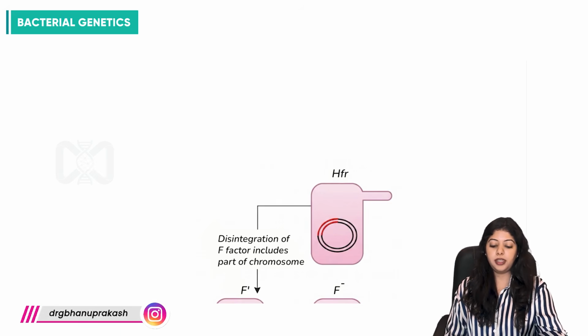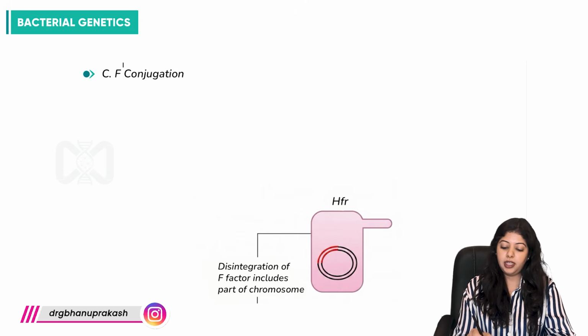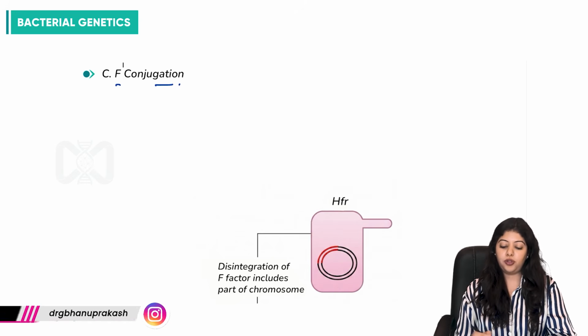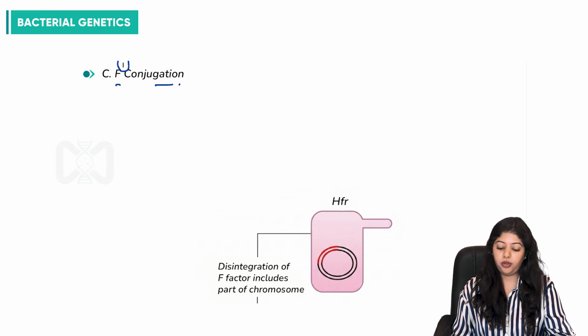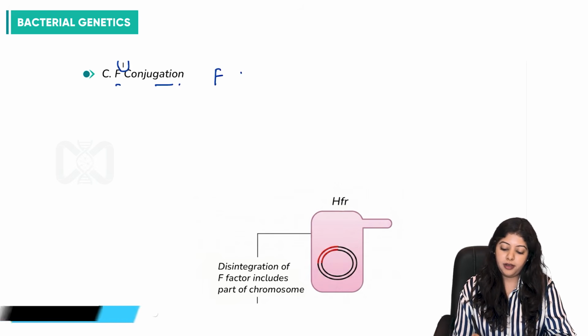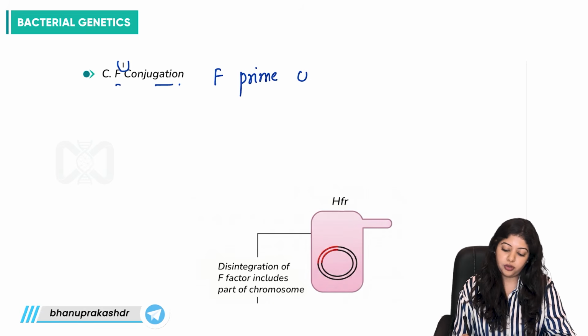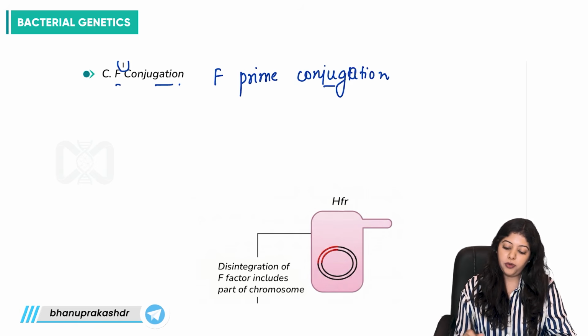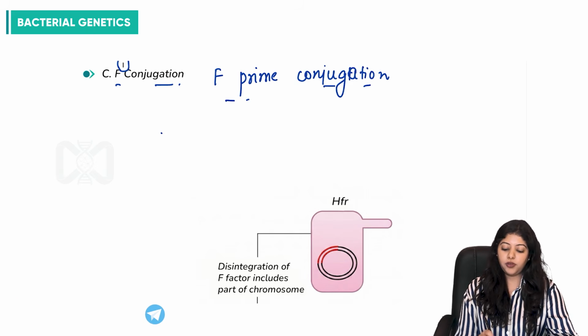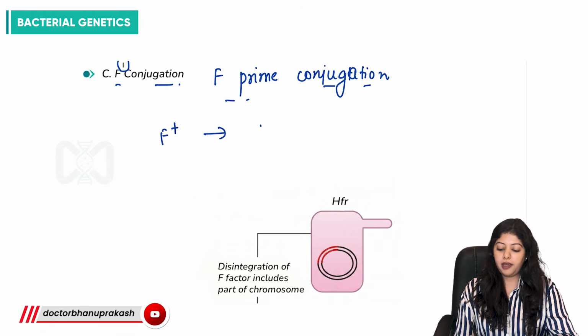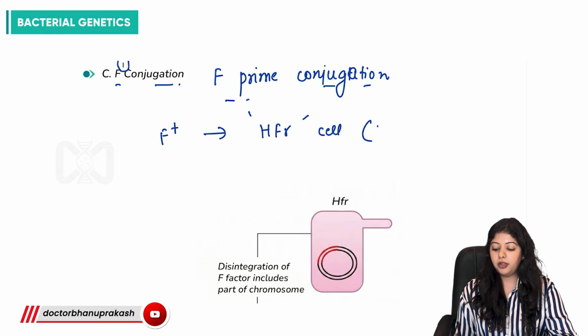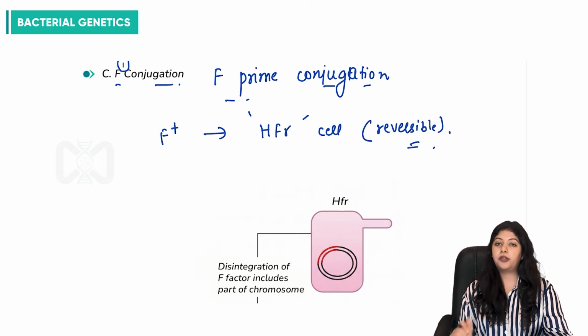Now coming to the next method of conjugation, it is the F prime conjugation. So this dash stands for F prime conjugation. Now remember that transformation of an F plus plasmid into a high frequency of recombination HFR cell is a reversible method, and vice versa.